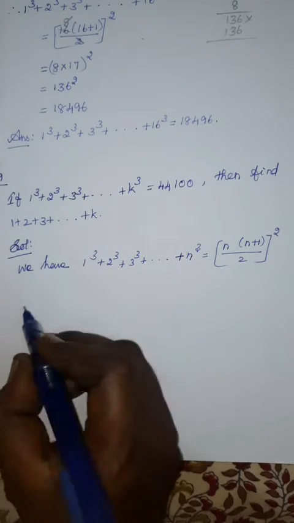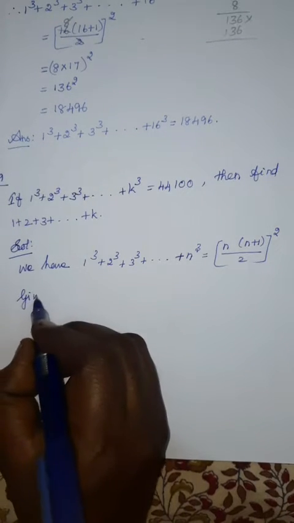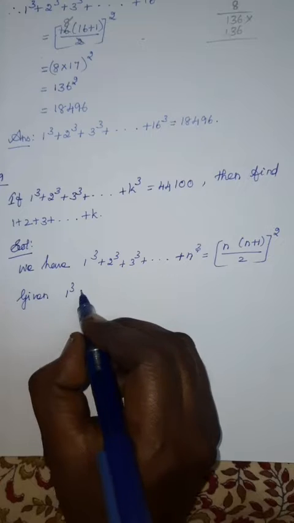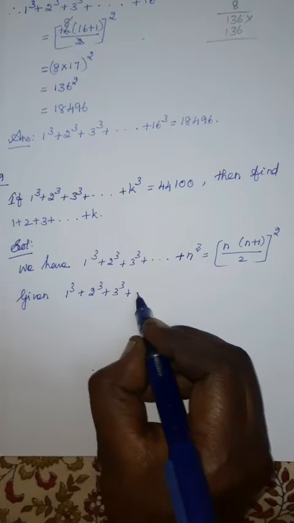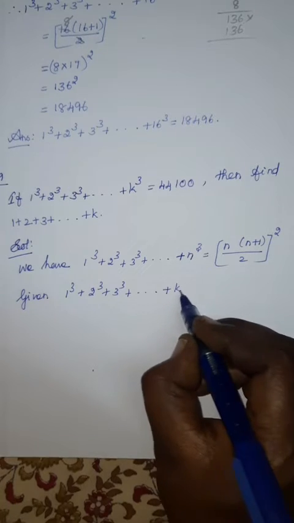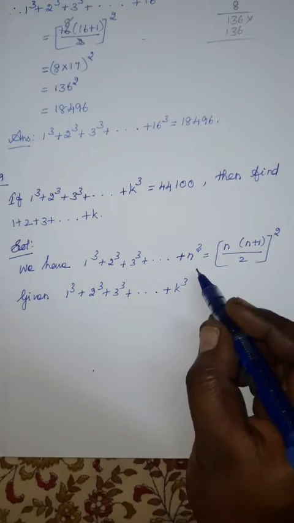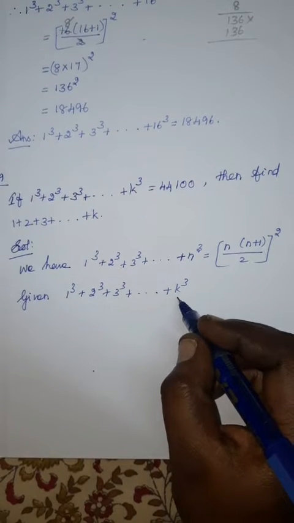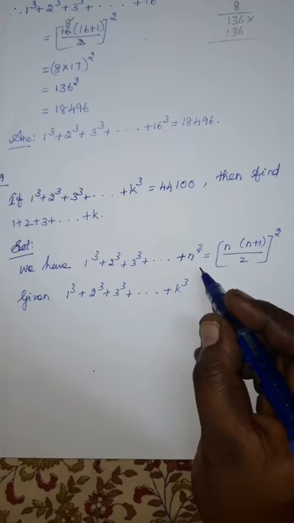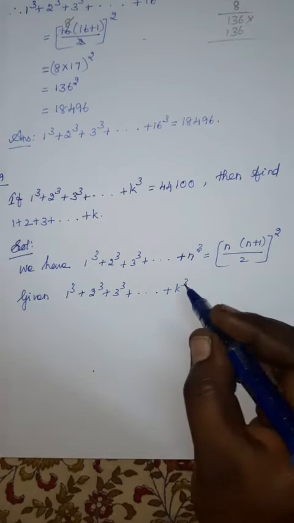Now you can write the given. It is 1 cube plus 2 cube plus 3 cube plus etc. plus k cube. We don't know the value of k or the value of n. Maybe k is equal to n, or more than n, or less than n.